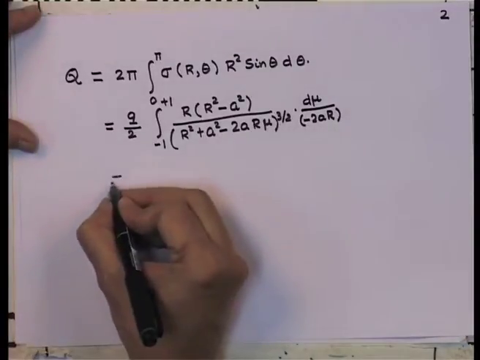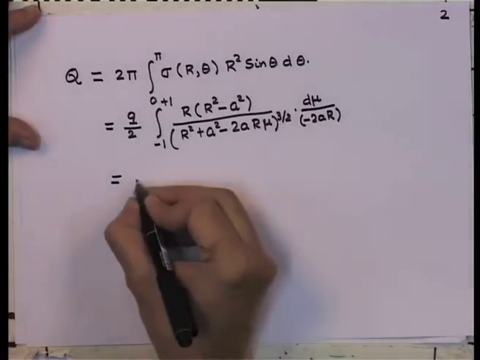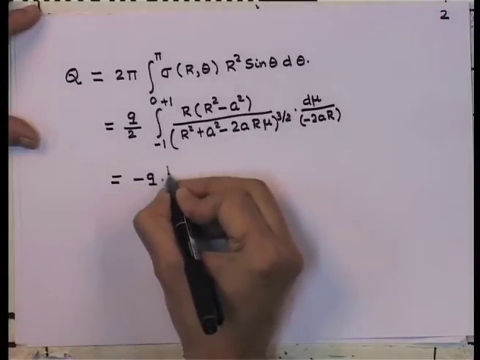This is fairly straightforward integration to be done, and that gives you minus q r by a.